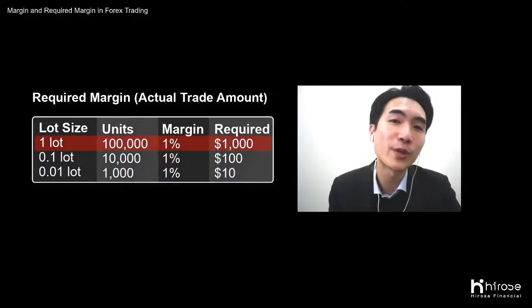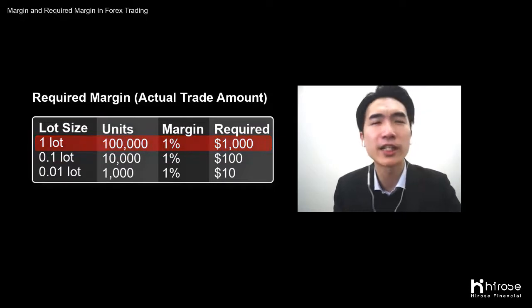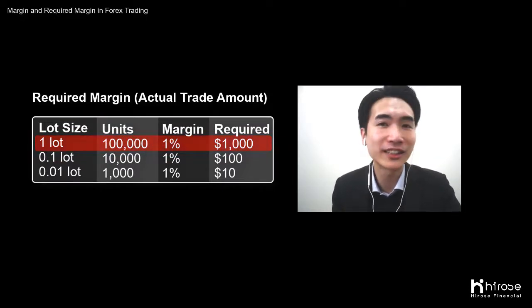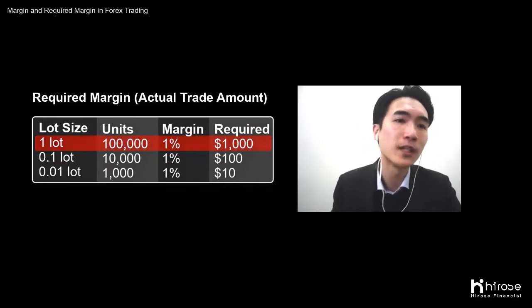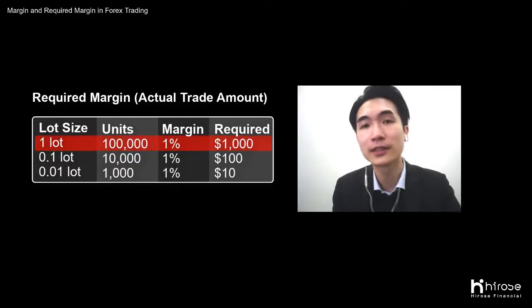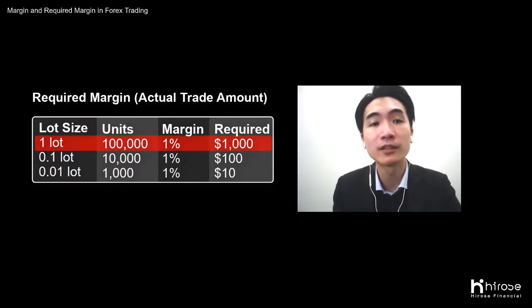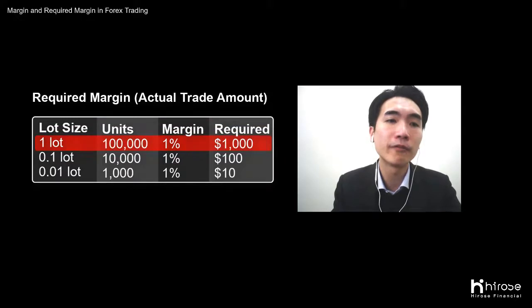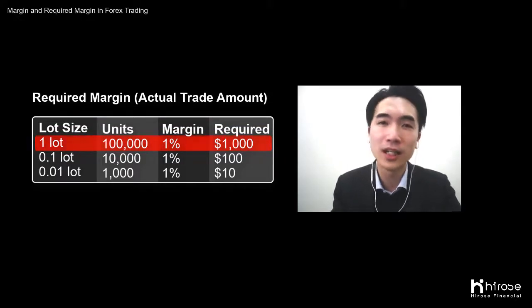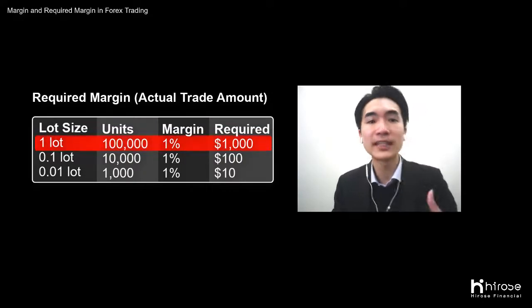Or if we want to trade one standard lot, which is 100,000 units, for British pound and US dollar that's $100,000. If we multiply that 100,000 by 1%, we get $1,000.